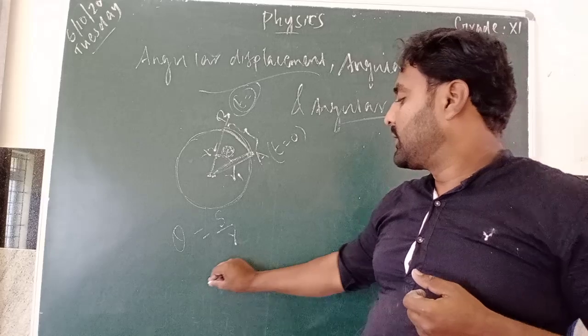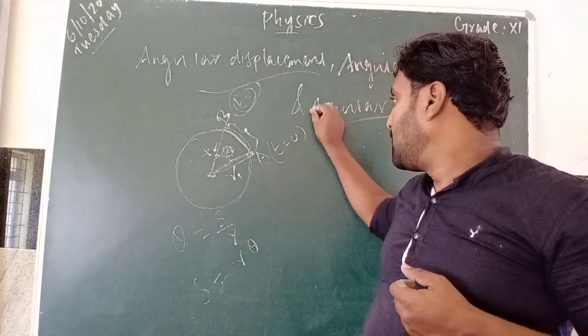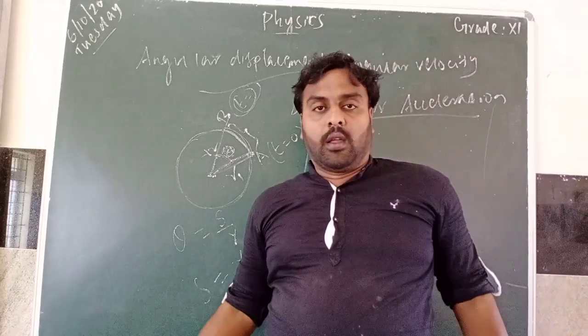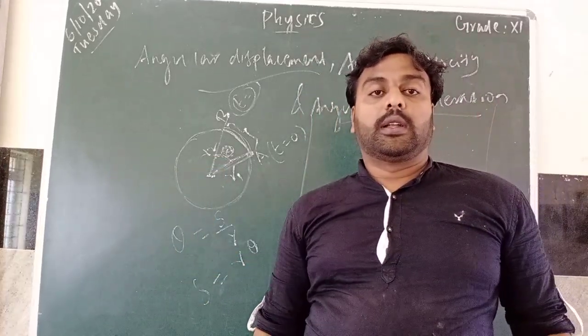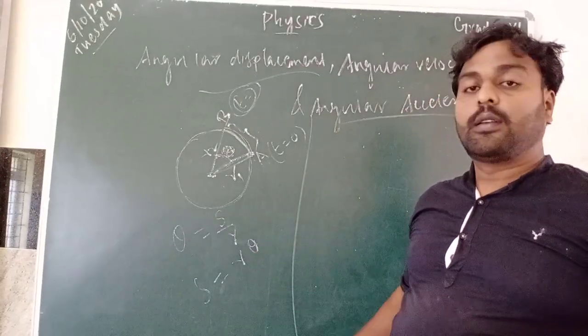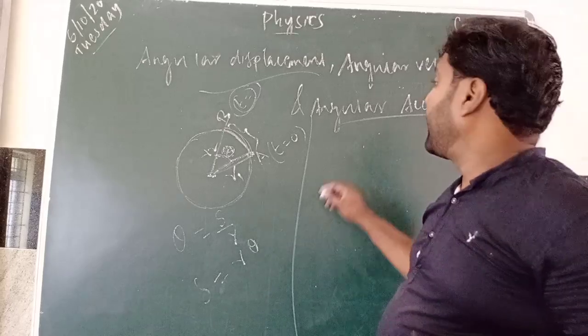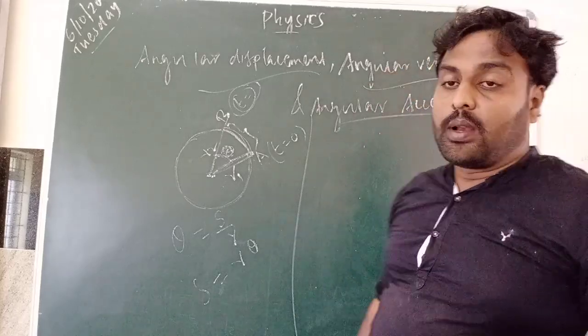We can write S is equal to R theta. So remember this formula, it is a very important formula. Angular displacement theta is equal to S by R, arc distance by radius. So S is equal to R theta as well. You can write it down. Now angular velocity.